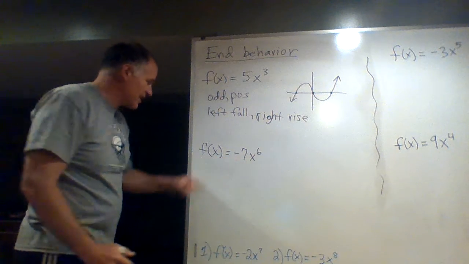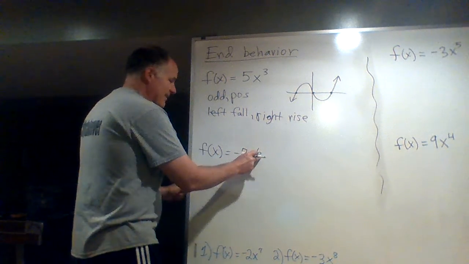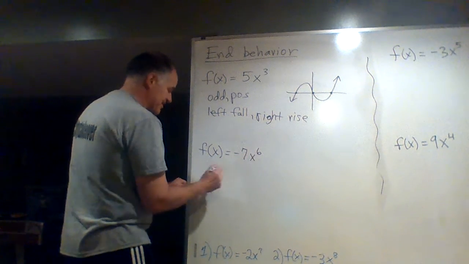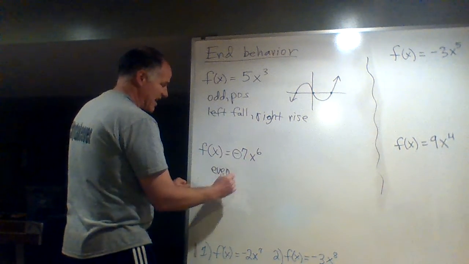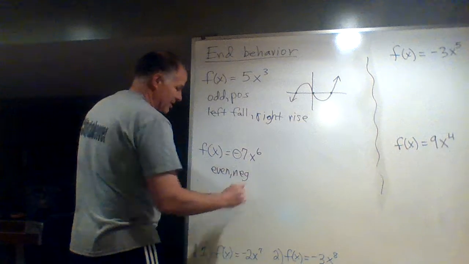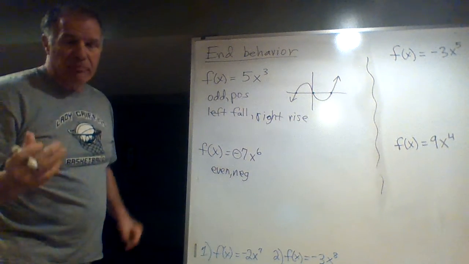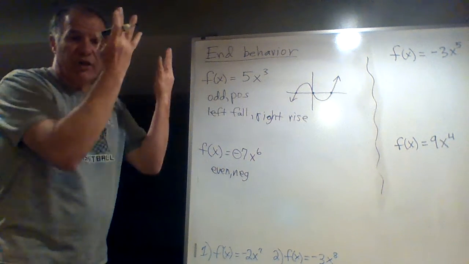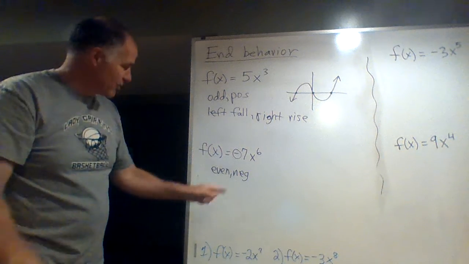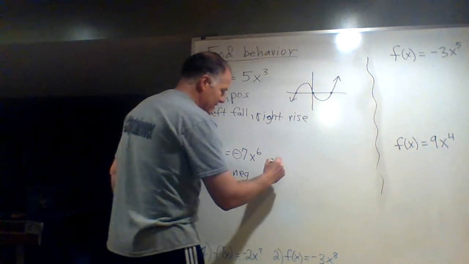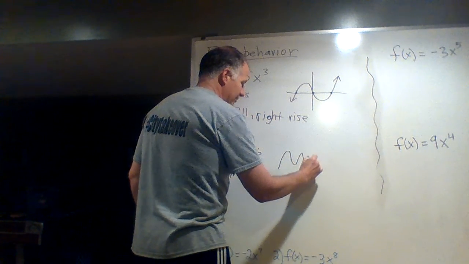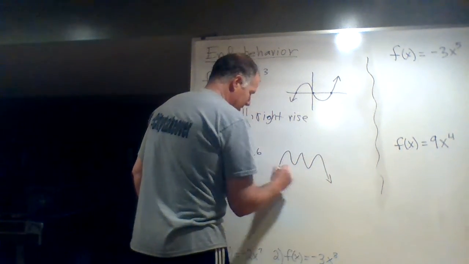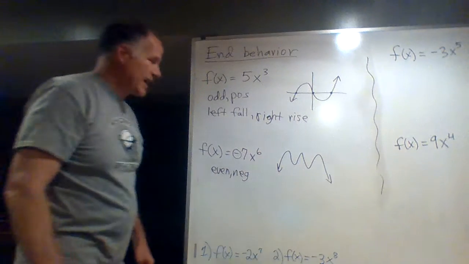Okay, let's look at the second one here. Obviously, the power is 6. That's even. But the sign in front is negative. Now, remember, even, they're both going the same direction, either both up or both down. Because it's negative, 1, 2, 3, 4, 5, 6. The graph would sort of look like that.